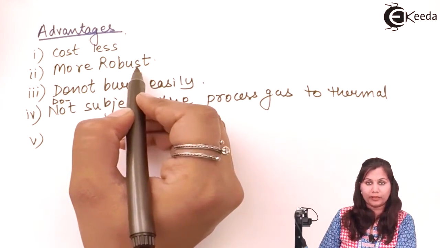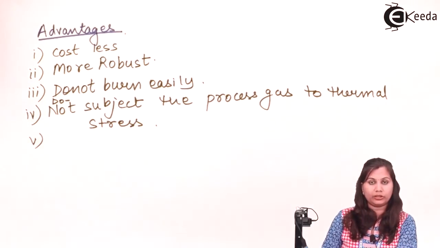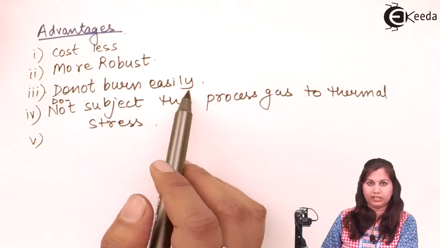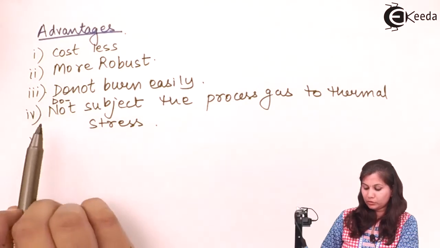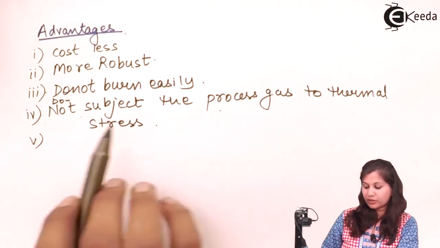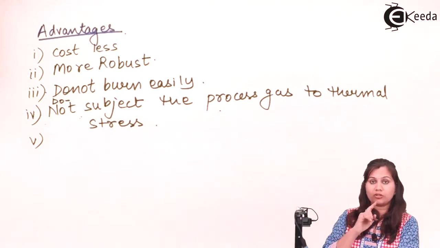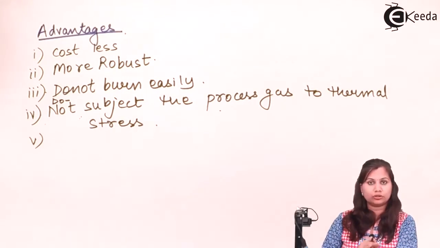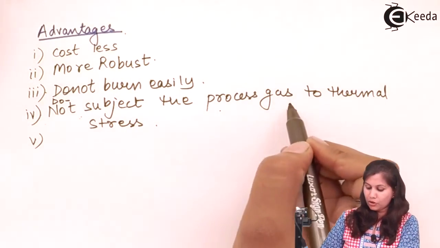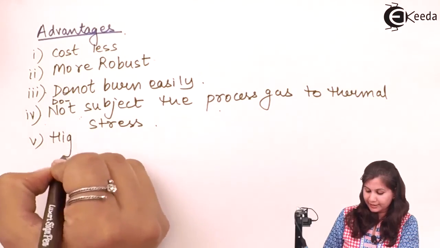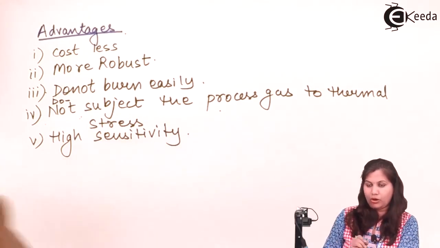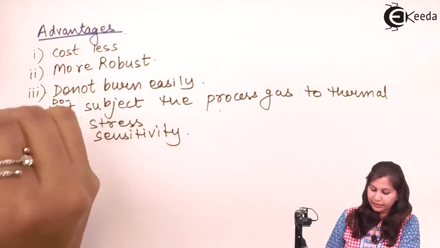Also, they are more robust. In the hot cathode type, we studied that the filament gets burned out very quickly. Here, it does not burn very easily. Also, in the cold cathode type, the process gas is not subjected to any thermal stress, because in the hot cathode type the electrons are emitted by thermionic emission, but here no thermal stress is put on the process gas. Also, it has very high sensitivity compared to the hot type. So these are the advantages.